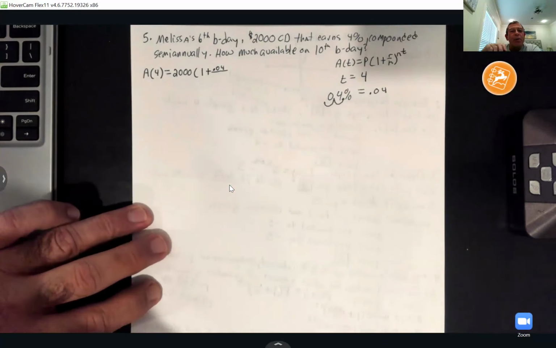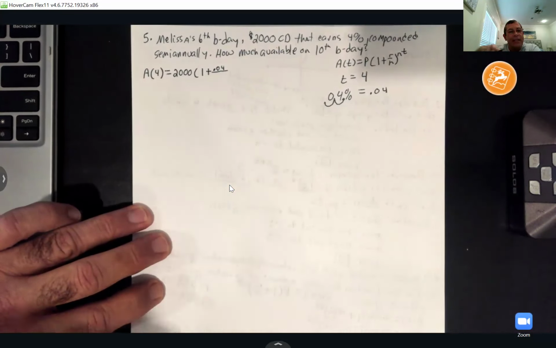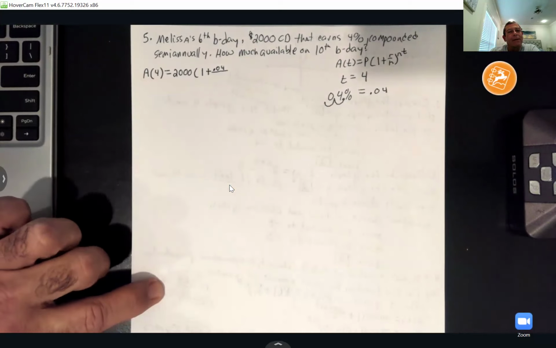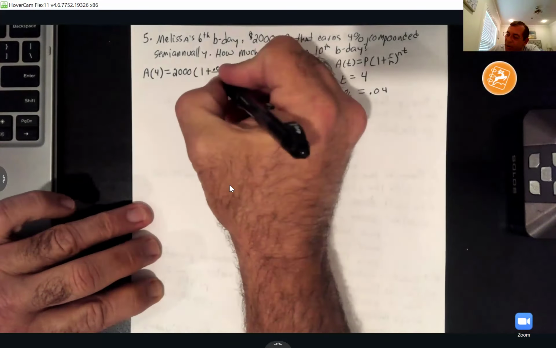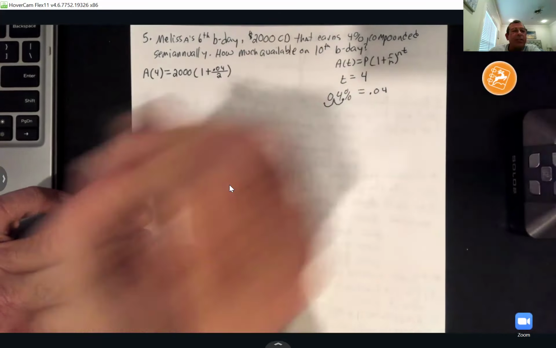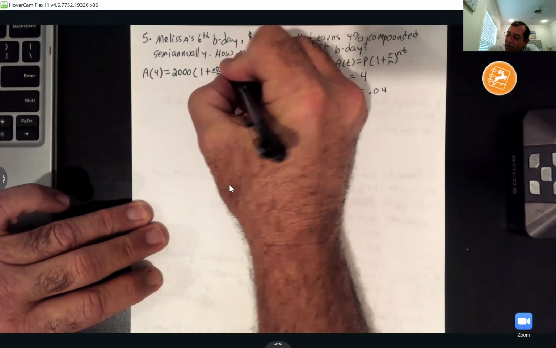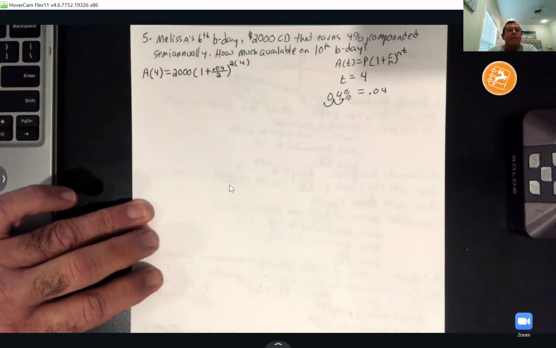What is my N? What is my number of compounds if it's semi-annually? All right, Reed, good job. That's 2. So y'all remember, semi-annually is 2 times a year. So then we got our N again, which is 2 times our T, which is 4.